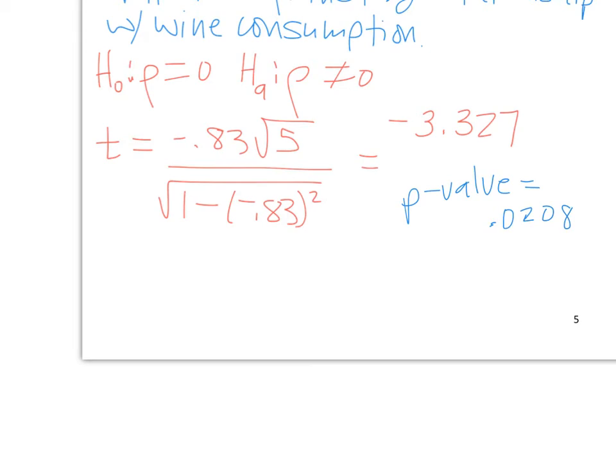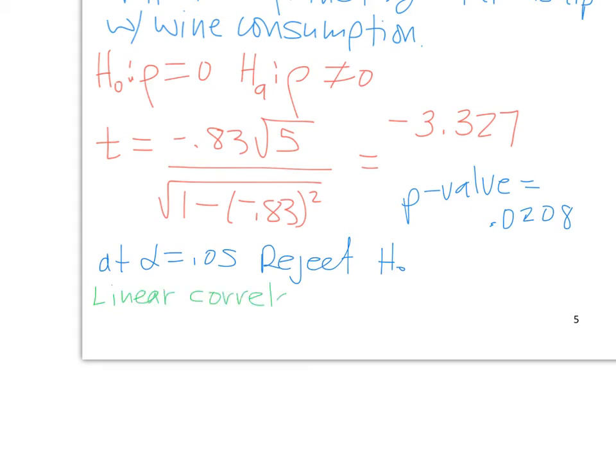So we can say at alpha equal to 0.05, we are going to reject the null, which means that there is linear correlation between these two variables. I'm not going to write it out.